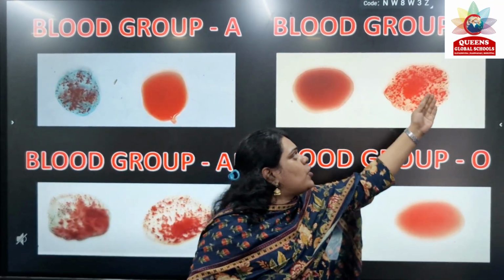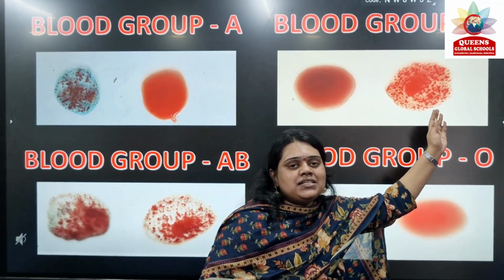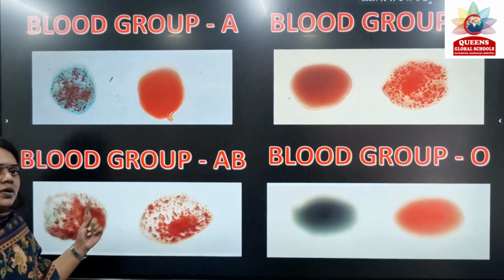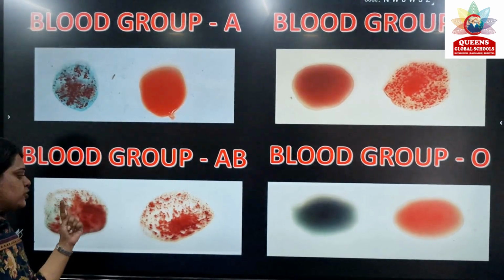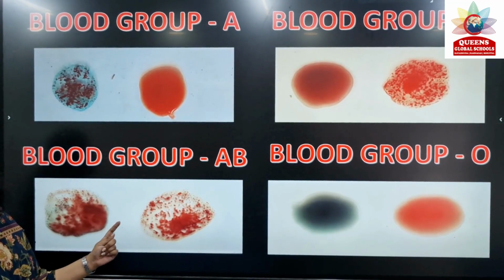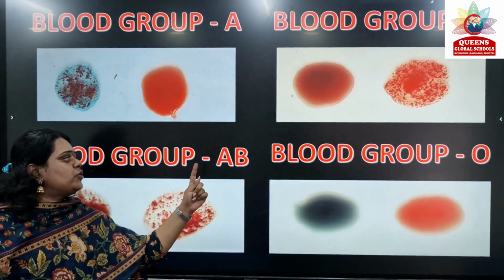If the lumps are formed in B, that means the person belongs to blood group B. If in both the solutions A and B you find lumps, that means the person belongs to blood group AB.